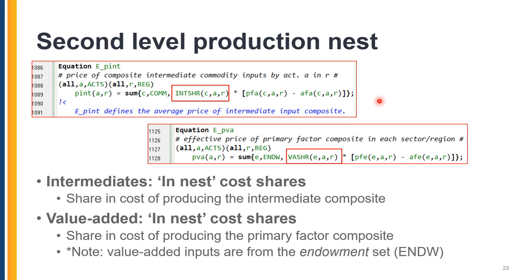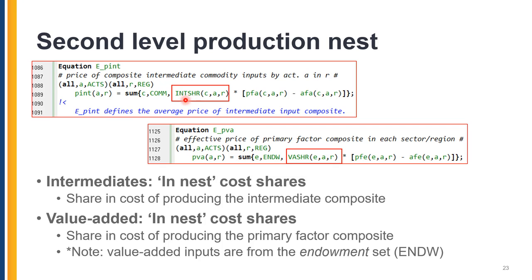Let's get a look at both of those second level production nests in terms of what those look like. Again, I'm trying to clip the equation numbers so that you can scroll through the code, find the line number, and verify these equations. This is the price of intermediates equation.